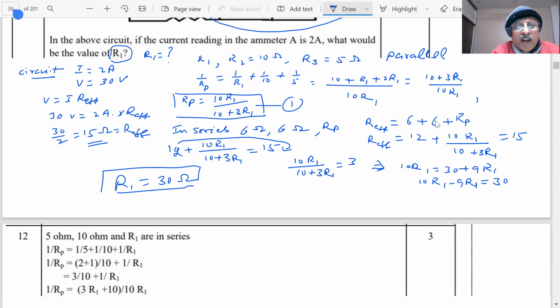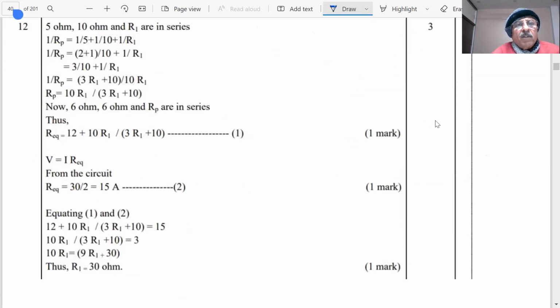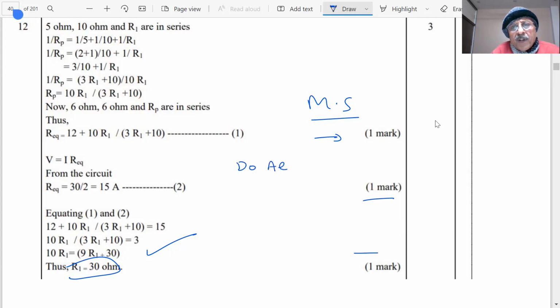Everything is clear. Let us see the answer given by the CBSE. Again, you see all these calculations have been done. What I have done in a very simple way. The answer is 30 ohm, student, and this is how the marking scheme goes: 1 mark, 1 mark, 1 mark. You have to do all the steps, student.